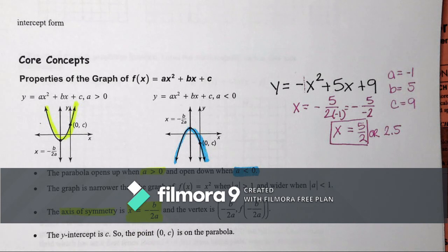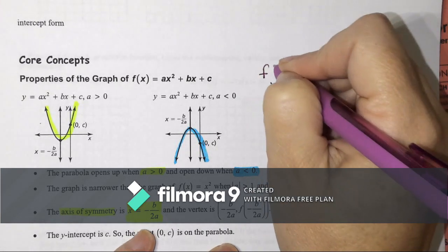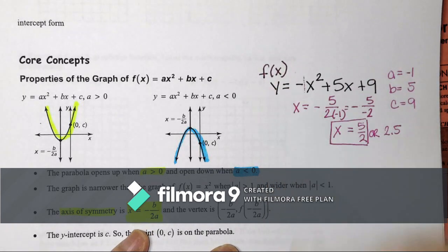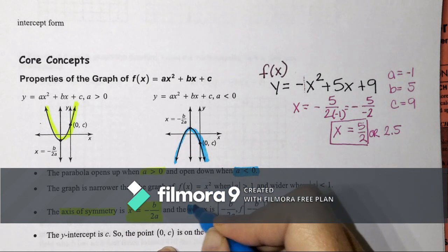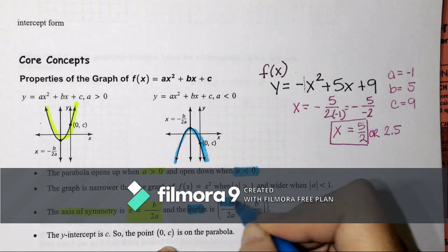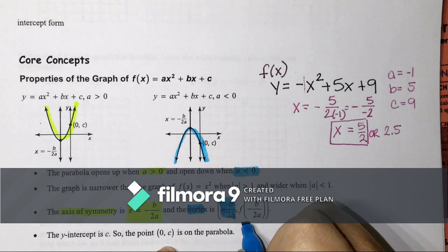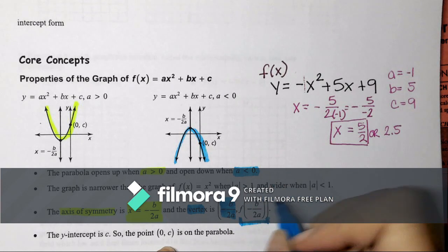Now remember, we can write this as f of x. Remember, y and f of x are the same. So if we want to find the vertex, the x value is going to be negative b divided by 2a, and then the y value is going to be f of all of that.